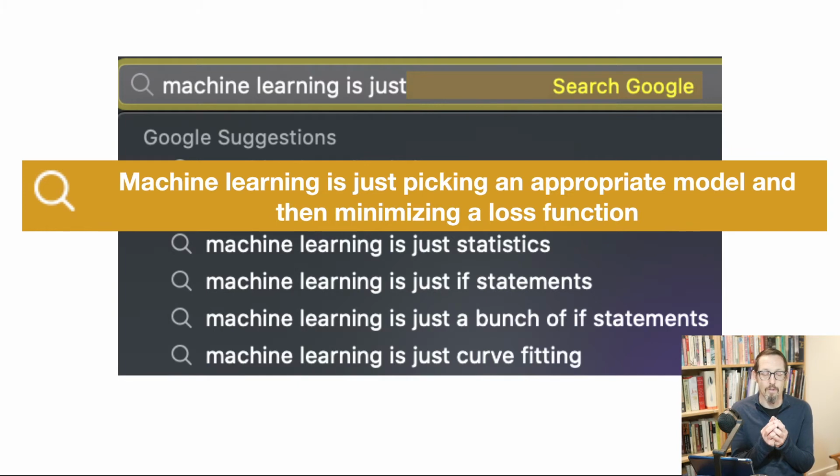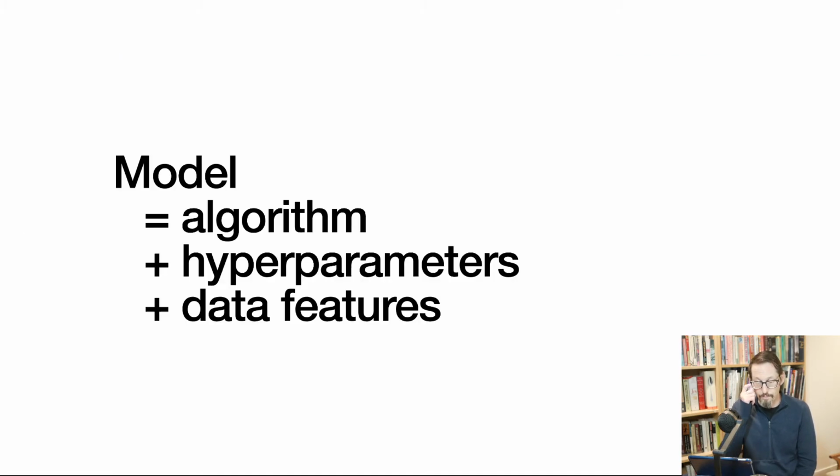The machine learning model is the algorithm, it's the parameters set for it, and it's the features that we give it, the data that we give it to operate on. Okay, let's understand how it is that machine learning really is just picking a model and then minimizing a loss function. So as I said a second ago, the model is equal to both the algorithm being used, any dials we have to set on the algorithm about how it's going to operate, and the data features.